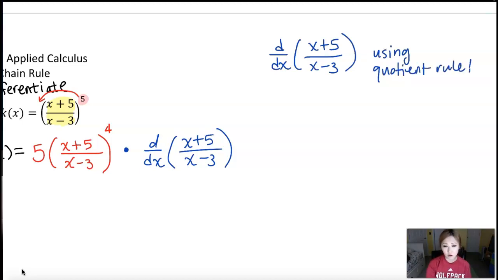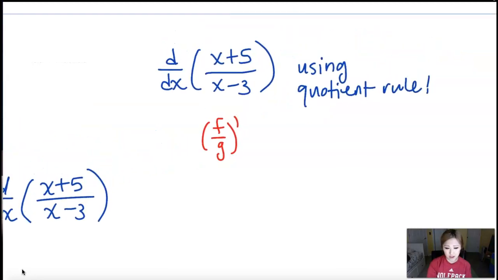Okay, when we are doing quotient rule, let me write down what quotient rule is. If you have a quotient and you're taking the derivative of that, the denominator is going to be g squared, right? And the numerator is g f prime minus f g prime. So that's what we are doing to differentiate this.